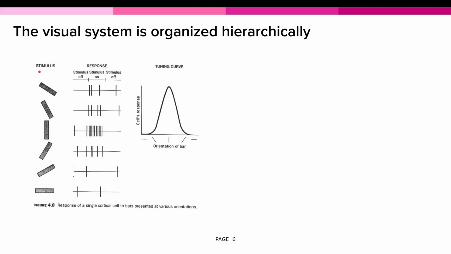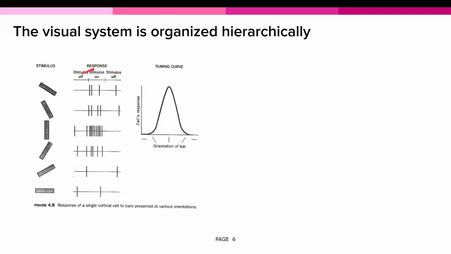So for example, this is a bar at roughly 45-degree angle, slightly more vertical, perfectly vertical, and then we're rotating away at increments. And then on the right here are shown how the cell in question responds to this particular stimulus.